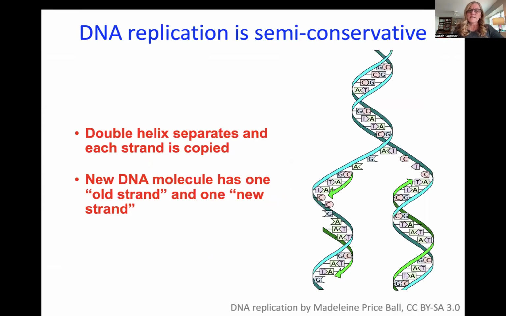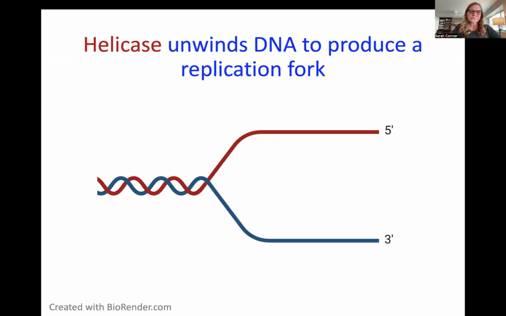So they determined that DNA replicates semi-conservatively. So basically the double helix separates and then each strand is copied. The new DNA molecule has one of the old strands and one of the new strands. So this is basically broken apart and you have a new strand in green, a new strand in green, and the old strand in blue.